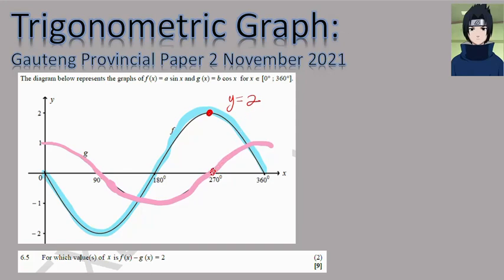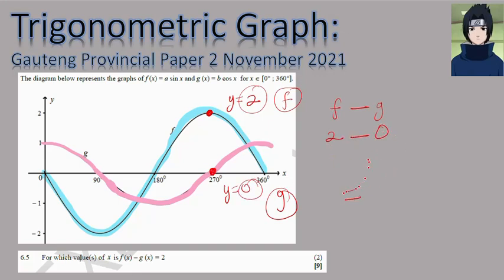And at this point, what is the y value for g? The y value for g is 0. So if this is f and this is g, then I can say f minus g is the same as 2 minus 0. What is 2 minus 0? 2 minus 0 is 2.